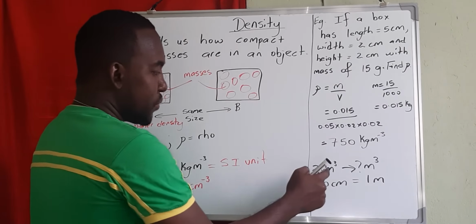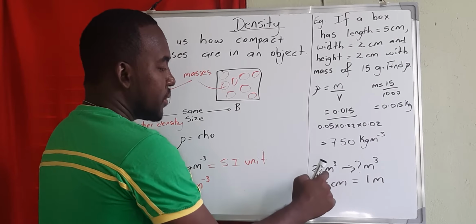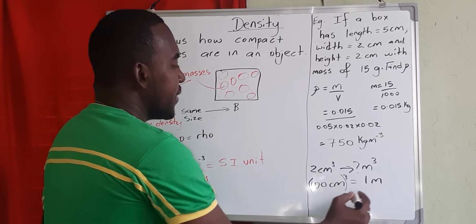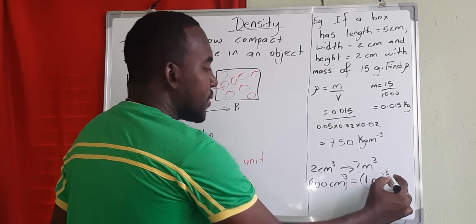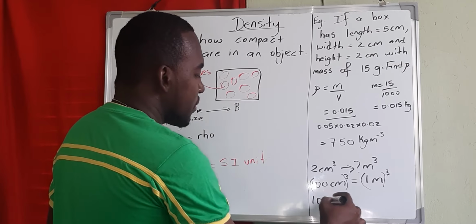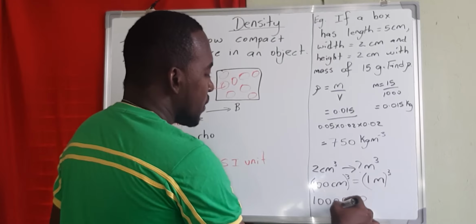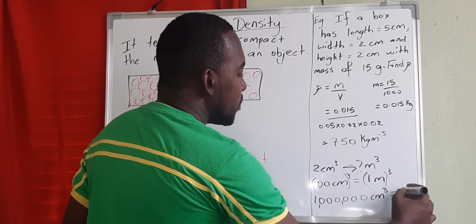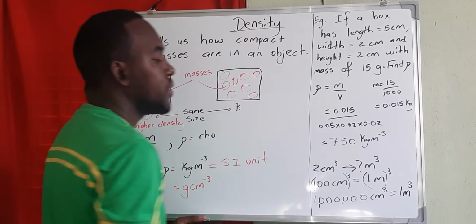So to move from centimeter to centimeter cubed, we cube here. If we cube the left side, we do the same to the right. So if we cube 100, then we get 1 million. So we know that 1 million centimeter cubed equals 1 meter cubed.